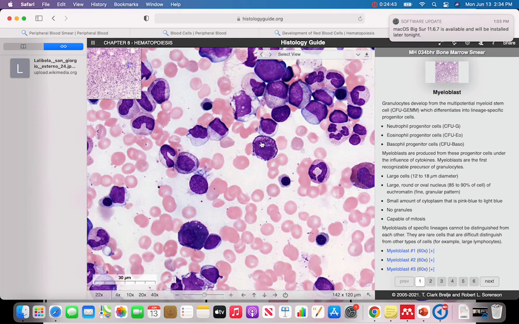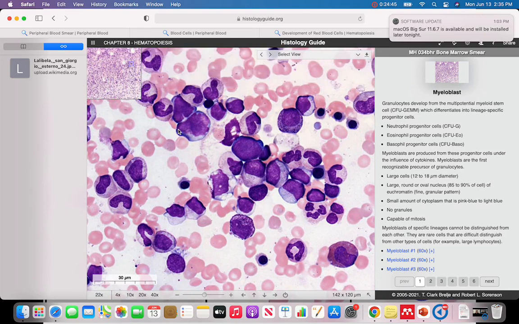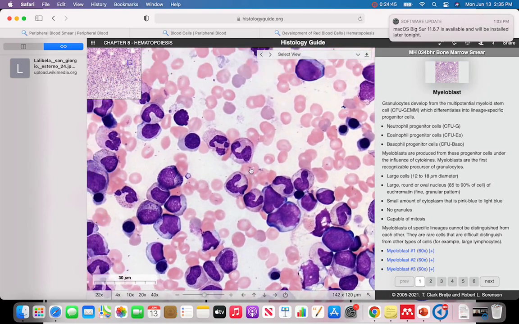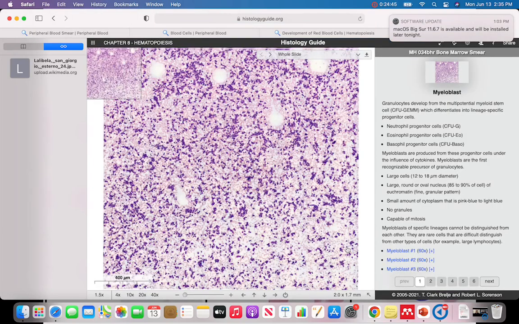As you see, the nucleus is indented and the granules are basophilic. And here we also have an eosinophilic metamyelocyte. The nucleus is indented. So look around and try to identify the different stages in the different lineages. And if you have a hard time, as I have told you, you can use the different slides for each lineage.